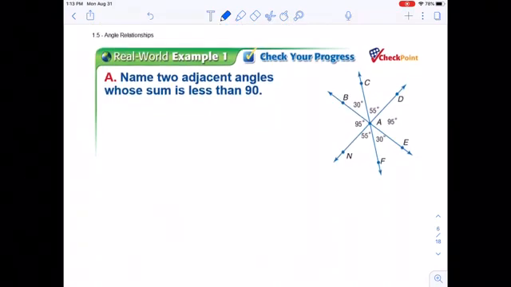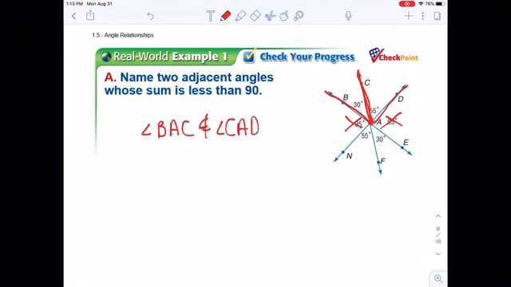Now we need to name two adjacent angles whose sum is less than 90. So we can go ahead and get rid of two of these that are already greater than 90 in themselves. Adjacent means they must share a vertex and a side. So we have two pairs that will work here. We have angle BAC and angle CAD, those add to be less than 90, as well as angle NAF and angle FAE.